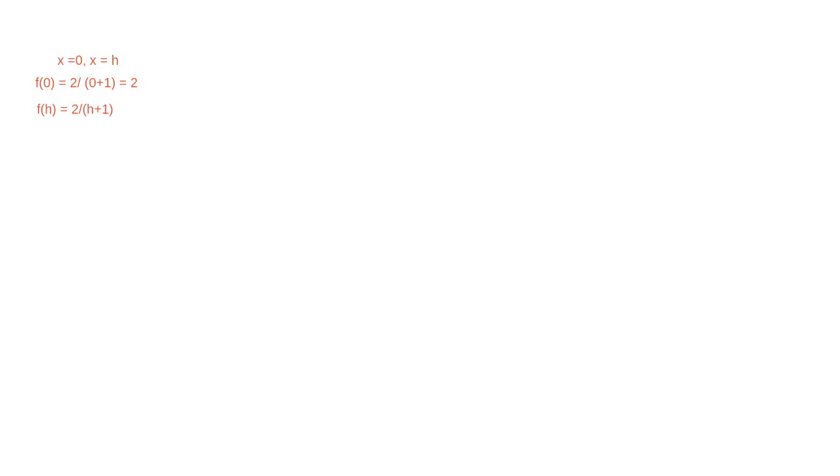Now put it into the formula. The formula is saying f of h minus f of 0, right? Okay, so now can you tell me what is f of h minus f of 0? We just do this, right? We have 2 divided by h plus 1 minus, what's the f of 0? 2. Yeah, it's 2.